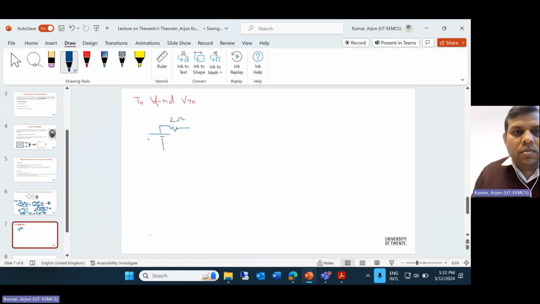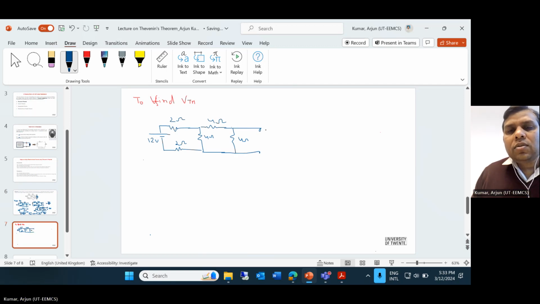Yes, so it's a 12 volt here. Here you have 2 ohm resistance. And there's a 4 ohm resistance. All right, and so again, here is a 4 ohm. And this is the open terminal. Okay, so we just have to remove the load. So this will be your A and B terminal, right?